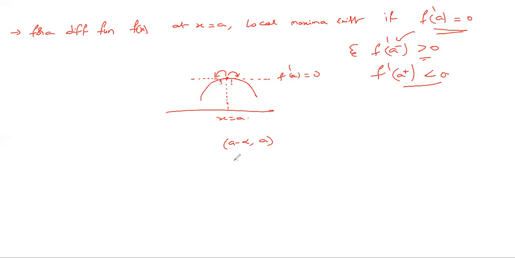In the interval a to a plus alpha, the function is decreasing, then f dash of a plus should be less than 0. Whenever the function is decreasing, we know from monotonicity that its differentiation, whenever it is differentiable, should be less than 0. Whenever the function is increasing, its differentiation at the given point should be more than 0. That's it.